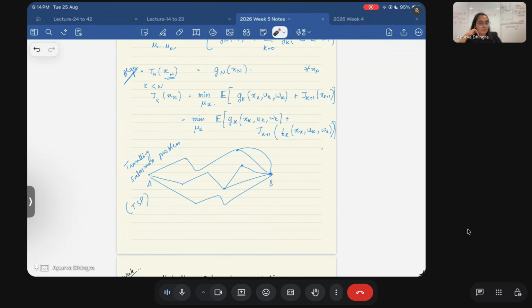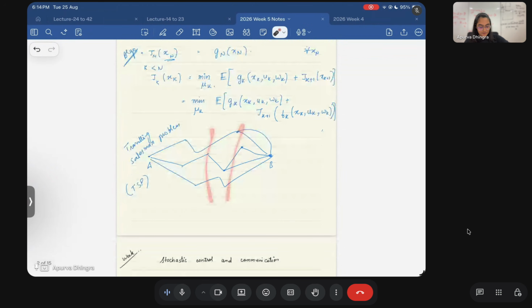Maybe he's trying to optimize the time, or maybe the distance. It can be written either way. He should do it backwards: start from the end, look at the previous time step, which can be time step or node wise, you can decide, then go one step back and optimize the whole thing. That's the process.